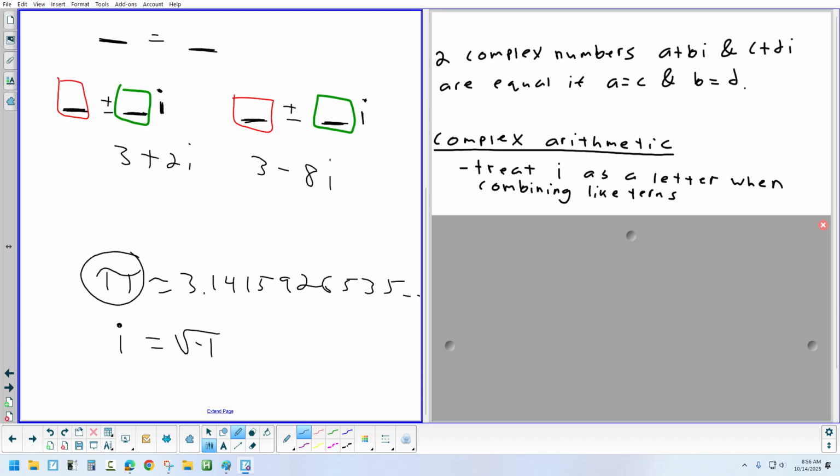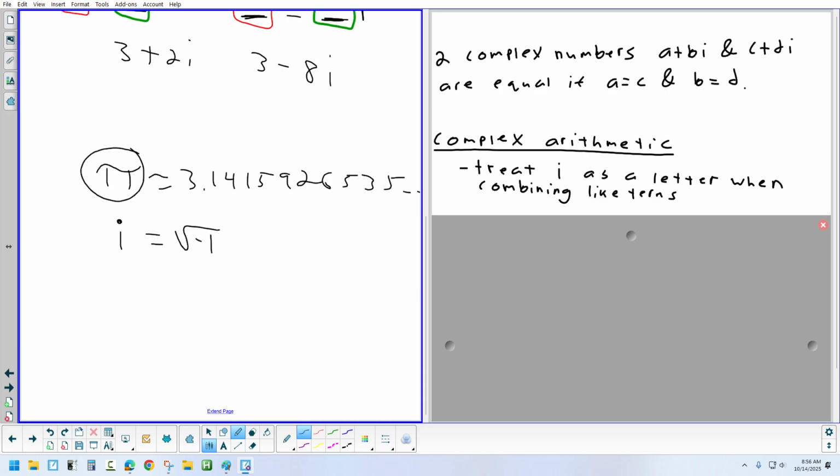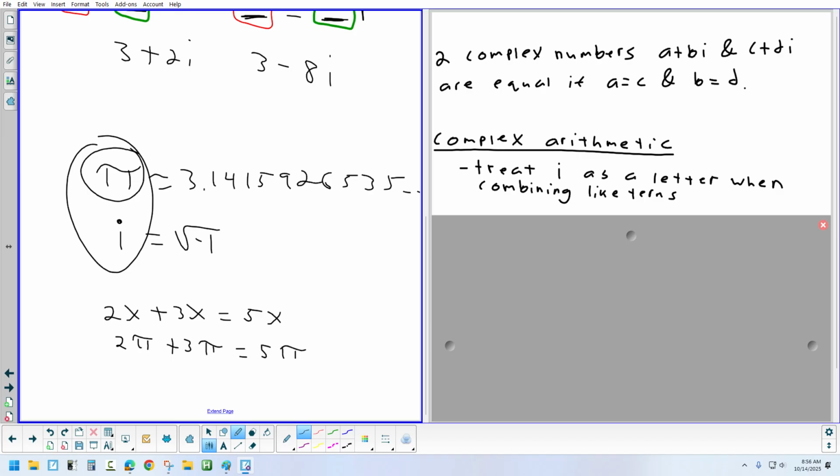But when you are combining like terms, the rules that you use with variables will work for these symbols. Like if you had 2x plus 3x, that is 5x. Right? And I'm using x as a variable in this case. Well, if you had 2 pi plus 3 pi, even though pi is not a variable, it's the number 3.14, when you combine like terms, you can write 5 pi.